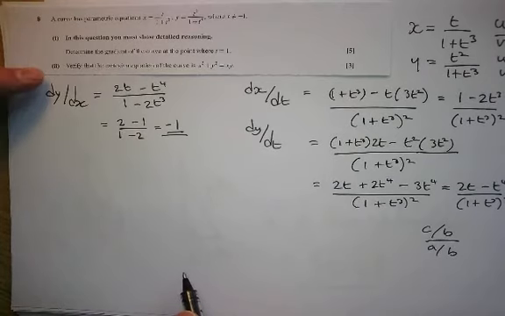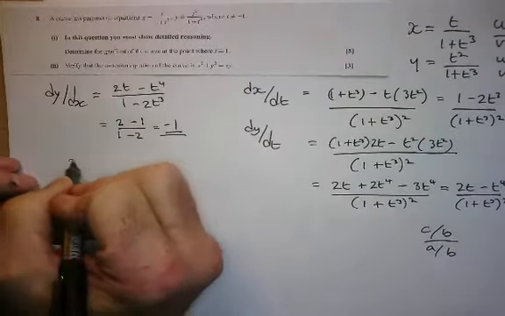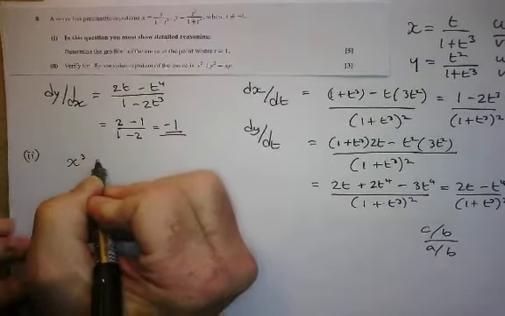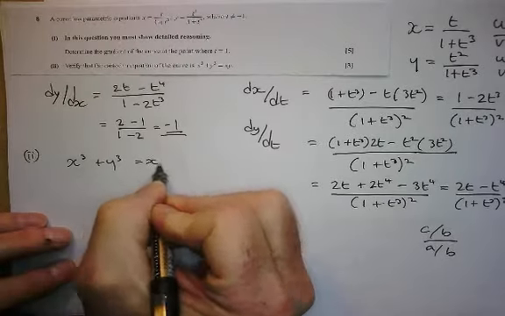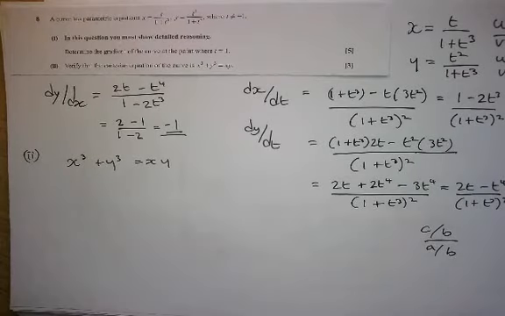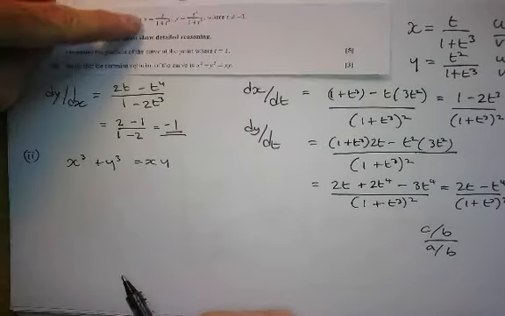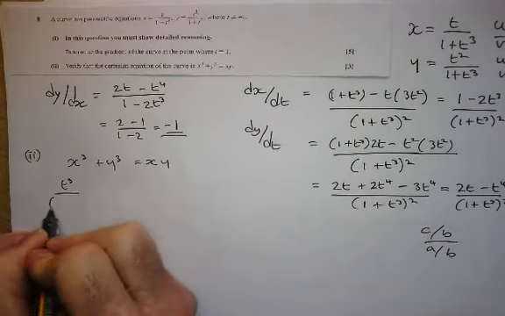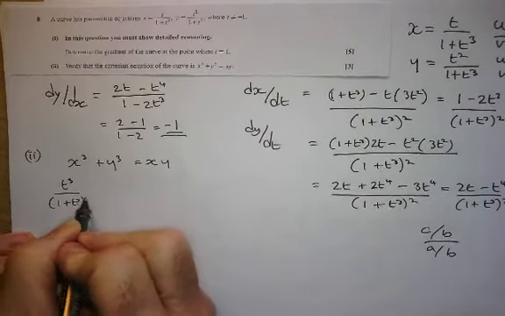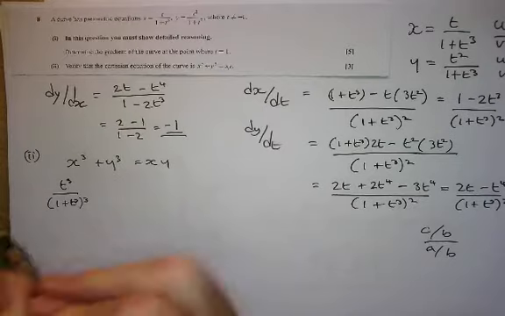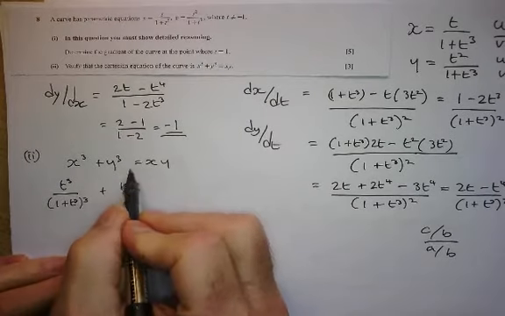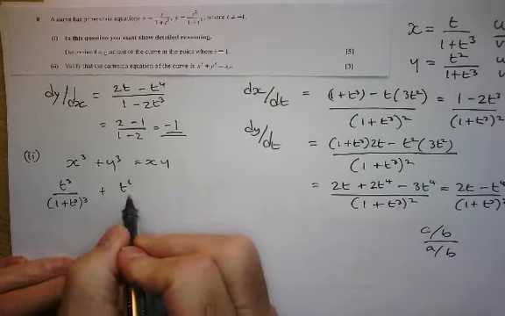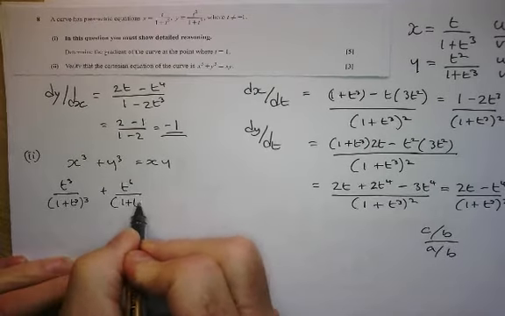And then it asks, verify that the Cartesian equation of the curve is x cubed plus y cubed equals xy. So this is part 2. So I need to cube that one there, so it's t cubed over 1 plus t cubed, cubed, plus t squared cubed, which is t to the 6.